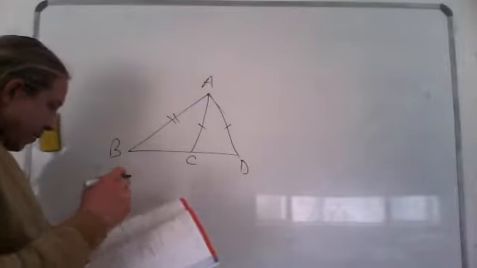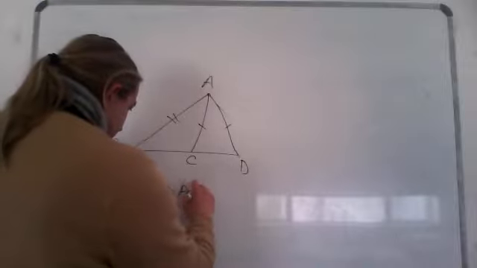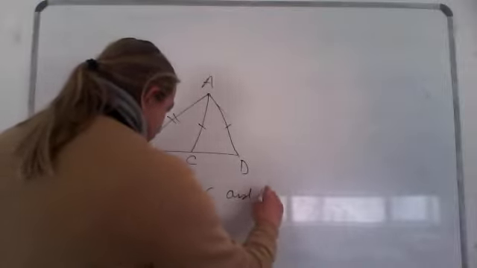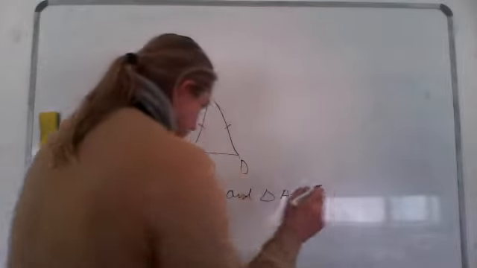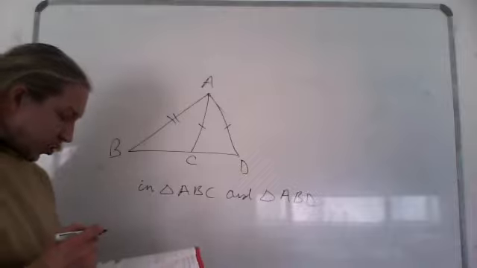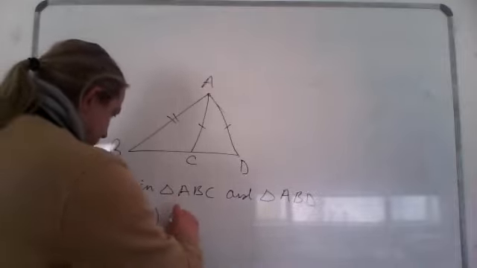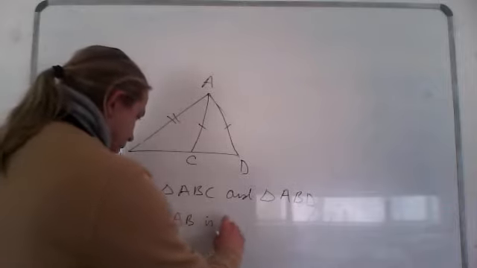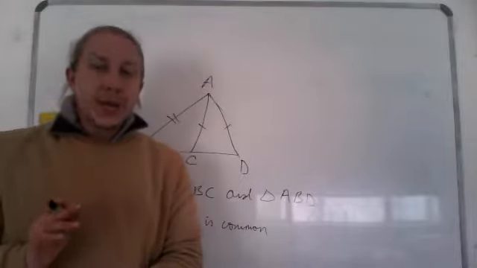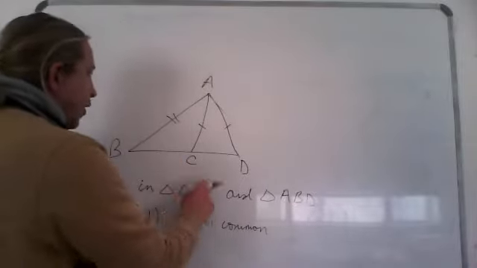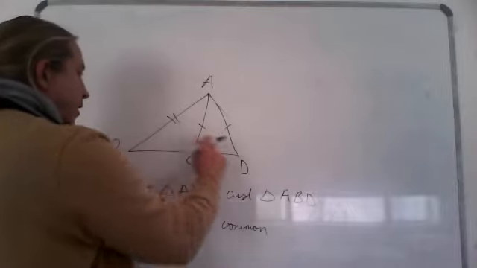Now in triangle ABC and triangle ABD, what we are trying to show is that we have one, AB is common. Guys, what we're doing here is we're trying to prove that triangle ABC is congruent to triangle ABD.